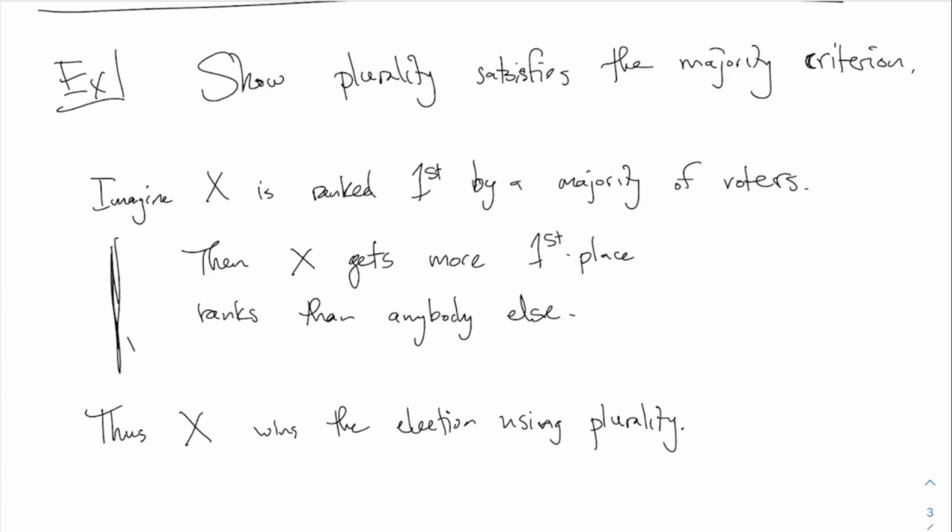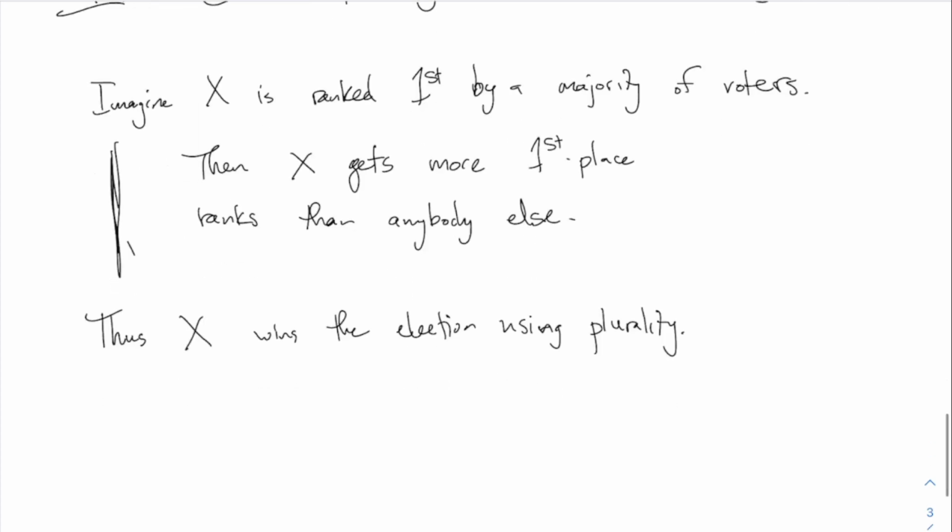It's the same exact structure, and you basically just have to fill in one sentence in the middle. Do the same thing, but for Condorcet's method. Show that Condorcet's method satisfies the majority criterion.